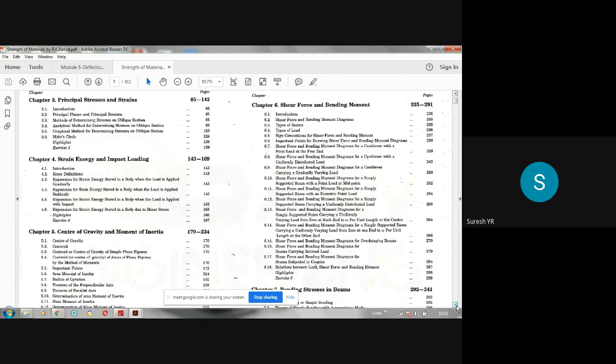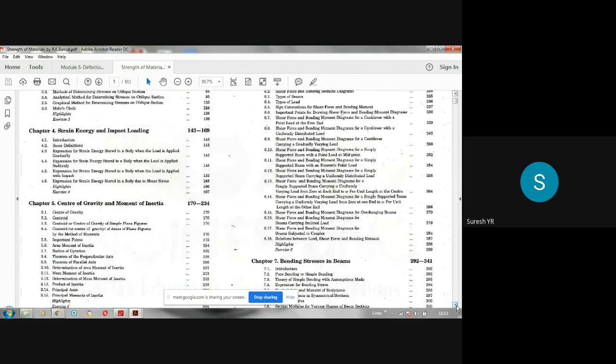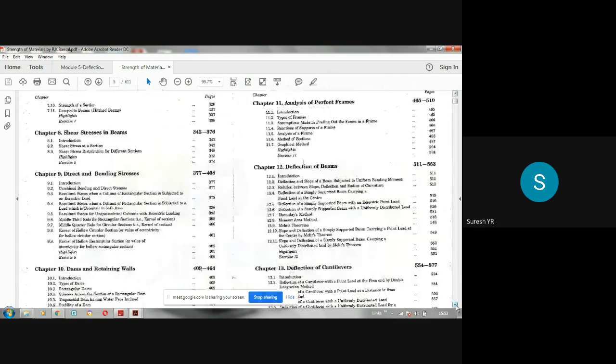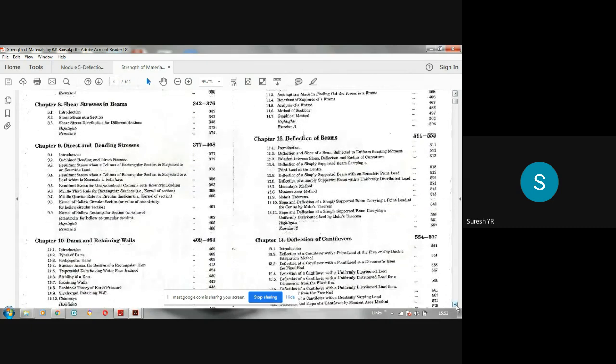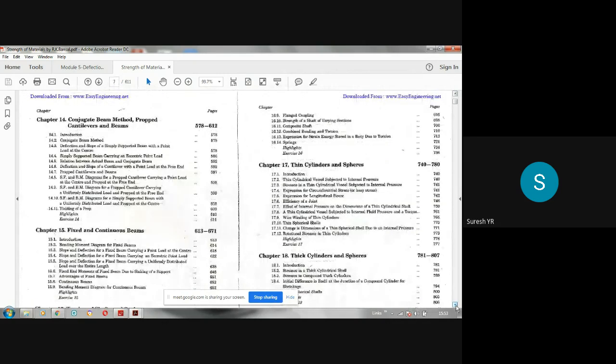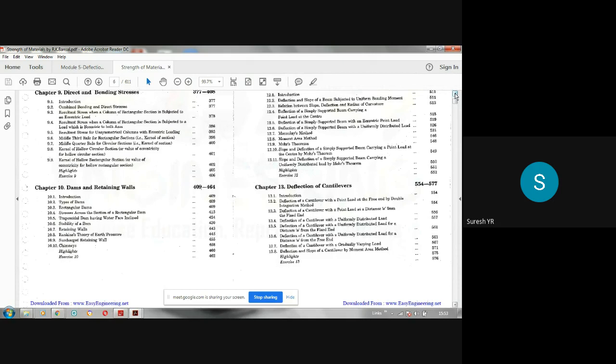R.K. Bansal, Strength of Materials. A lot of problems they have done, including mechanics. Center of gravity, moment of inertia, everything is there in this. Bending stress, deflection of cantilevers. Conjugate beam method. Next semester we are going to study this conjugate beam method and all. Anyway, let me take this.